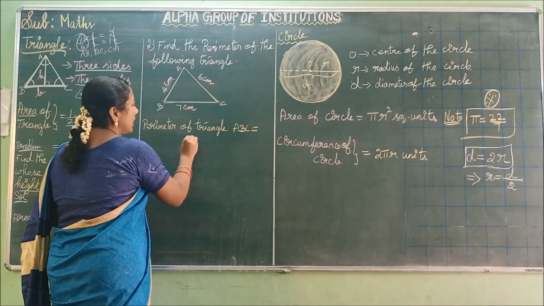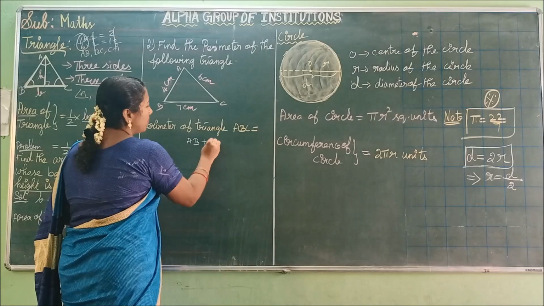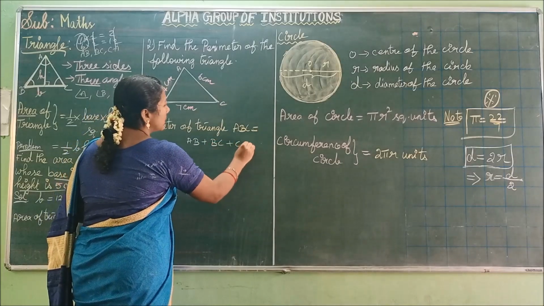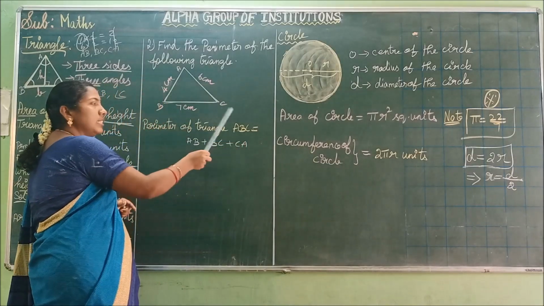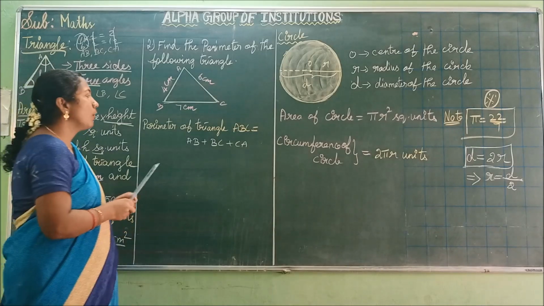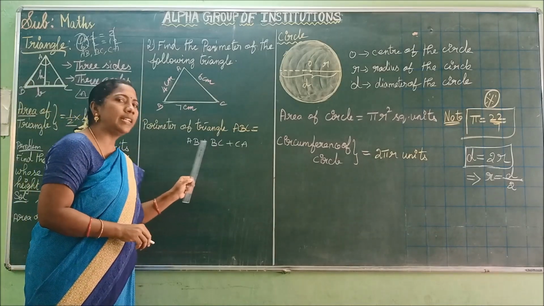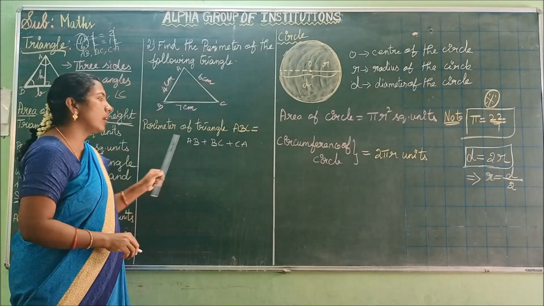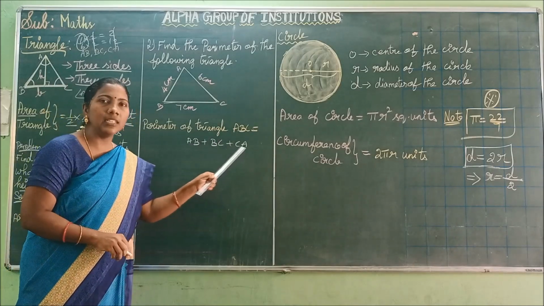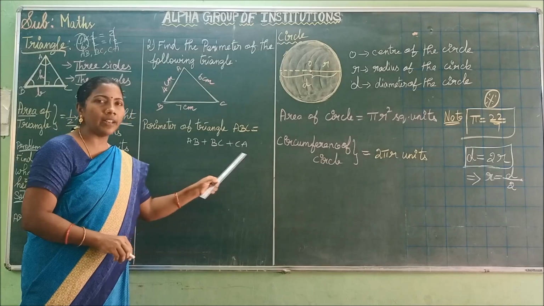What are its sides? AB plus BC plus CA. So we have to add them.